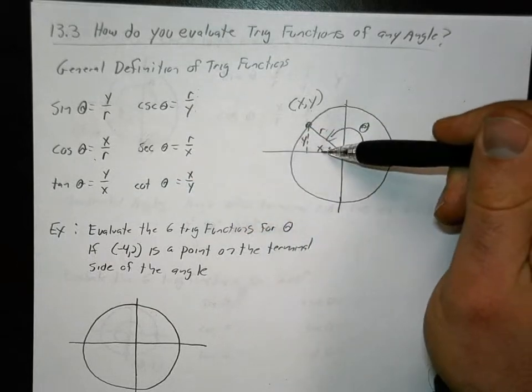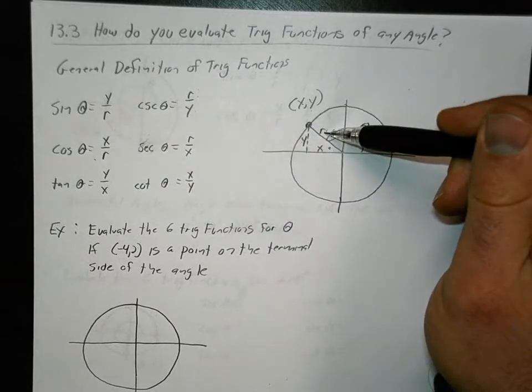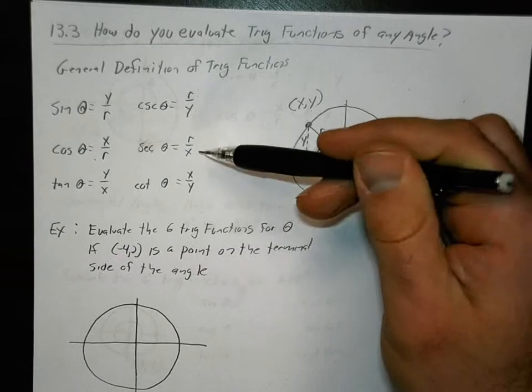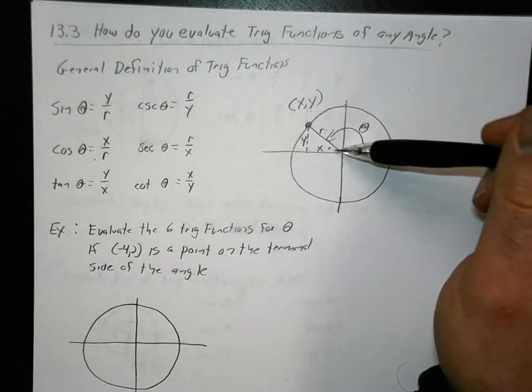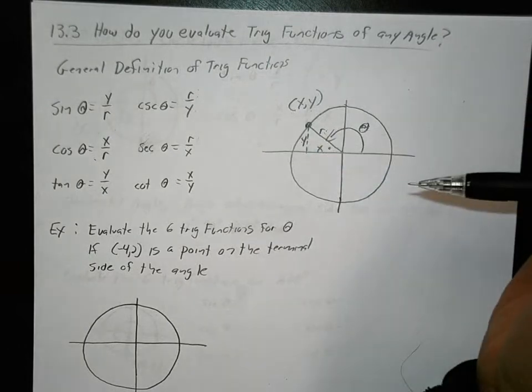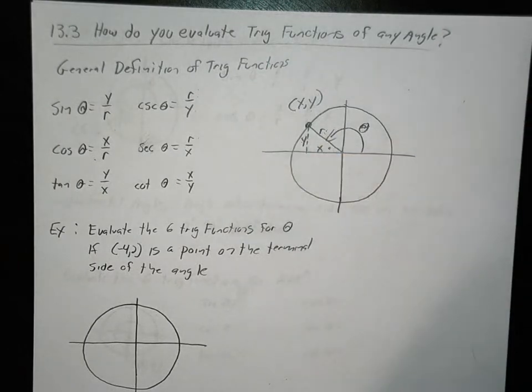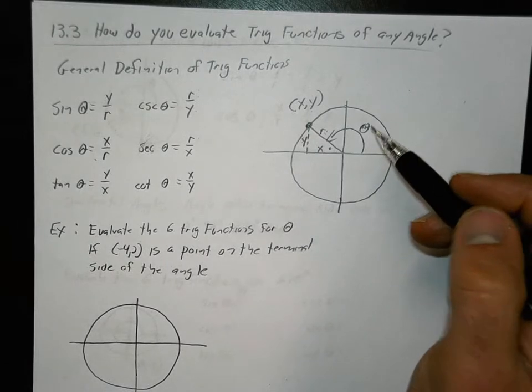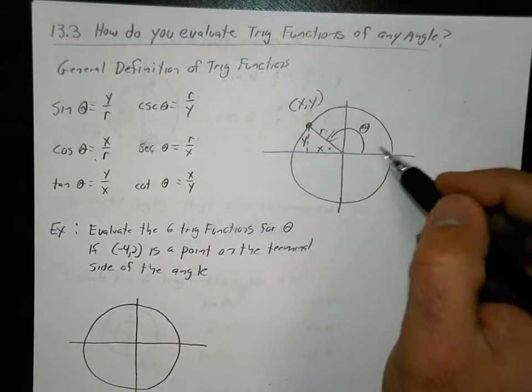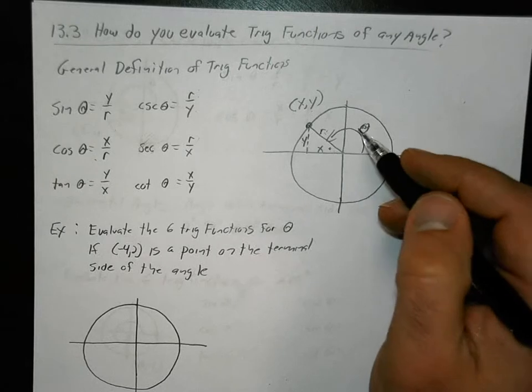Cosine is adjacent over hypotenuse, x over r. Secant is the reciprocal of cosine. Tangent is opposite over adjacent, so y over x. Cotangent is the reciprocal. So that's the general definition of the trig functions within a circle.